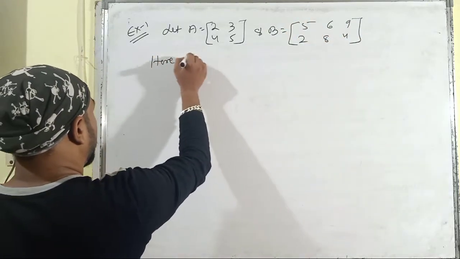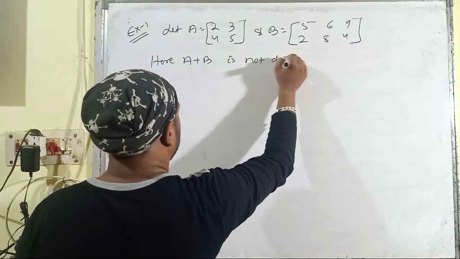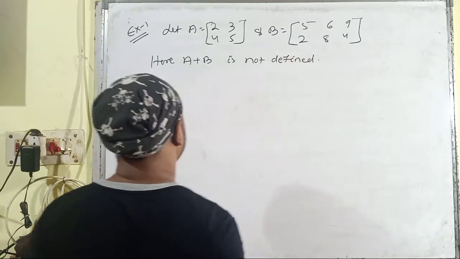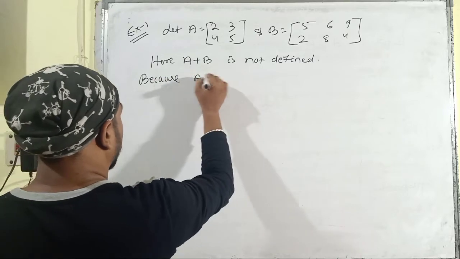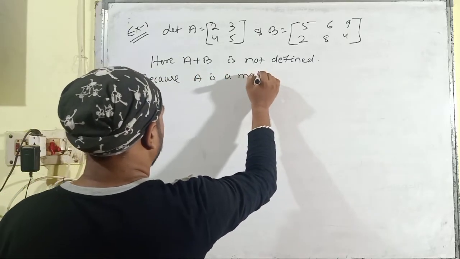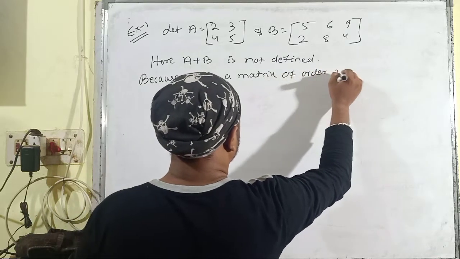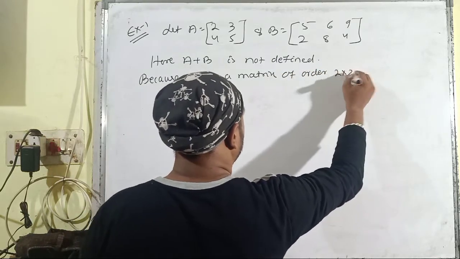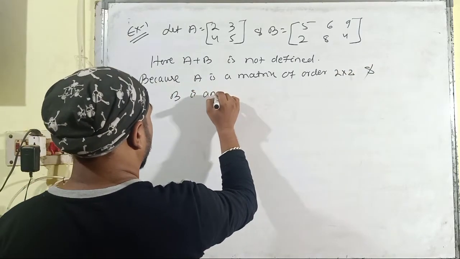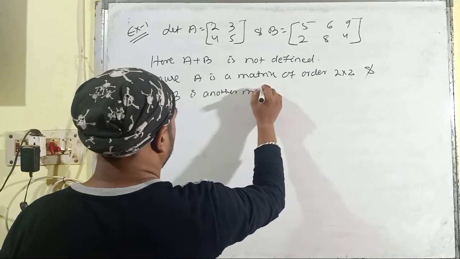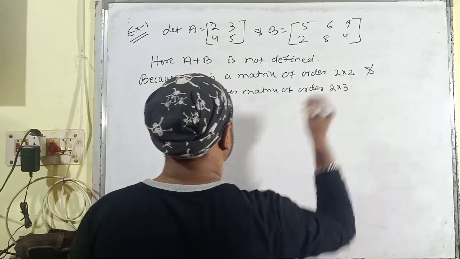Here A plus B is not defined because A is a matrix of order 2 cross 2 and B is another matrix of order 2 cross 3.